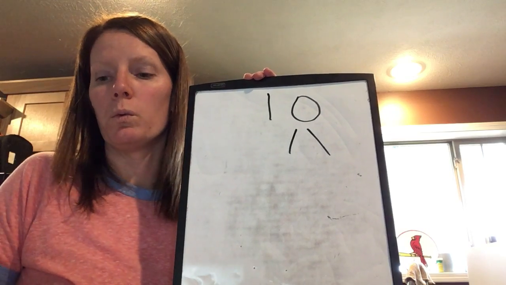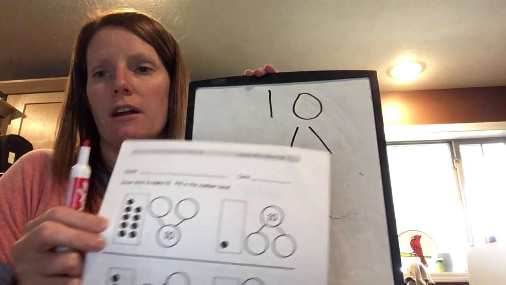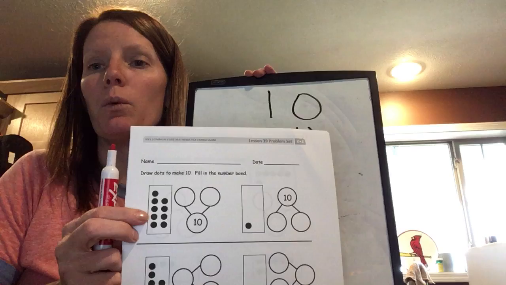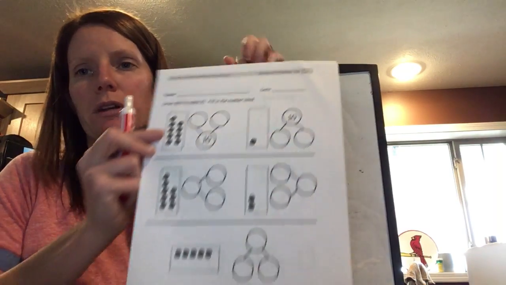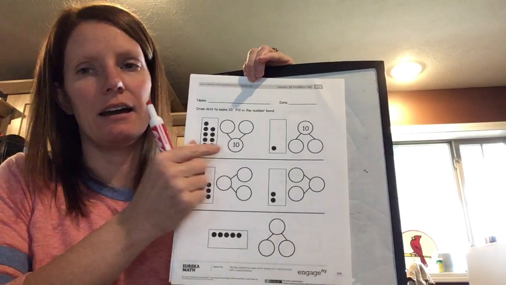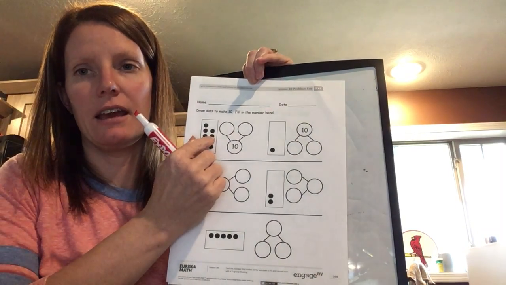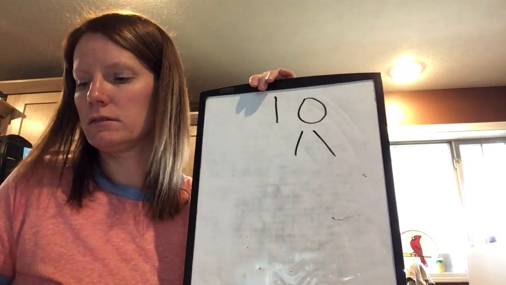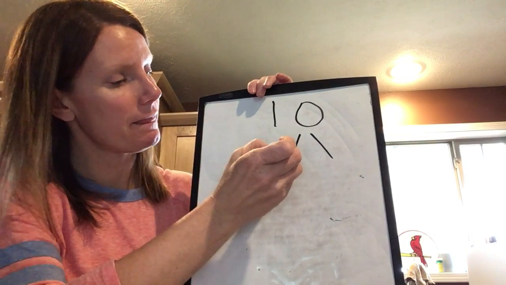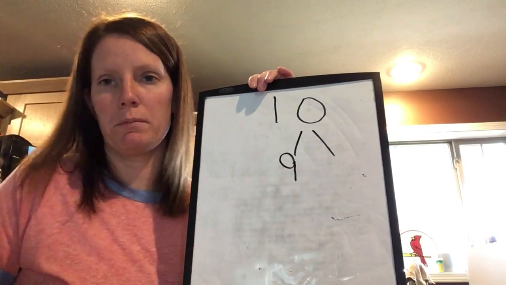If you look, we have 9 dots here, and we know that because we can say 5, 6, 7, 8, 9. For that one, our 9 is 1 part.